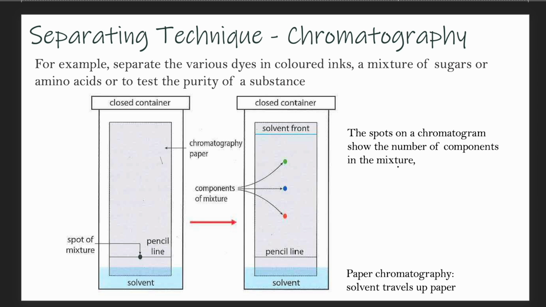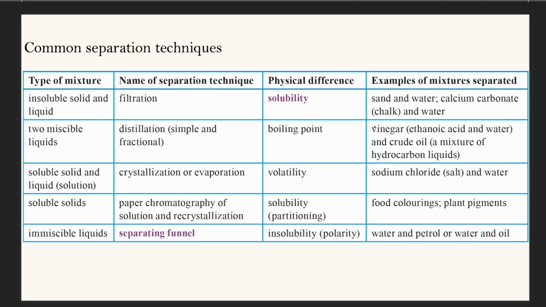Right, so that's how you do the paper chromatography technique. These are the common separation techniques. So this is a summarization of the separation techniques. So there is filtration, distillation, crystallization, and evaporation, paper chromatography, and separating funnel. This is used when you want to separate immiscible liquids like oil and water.